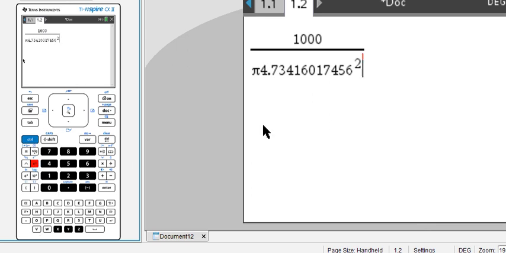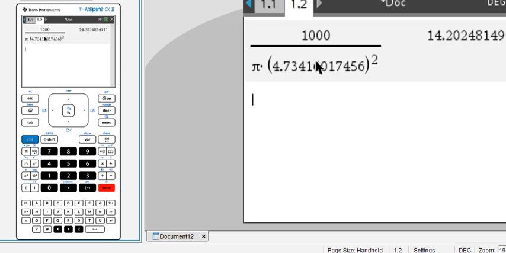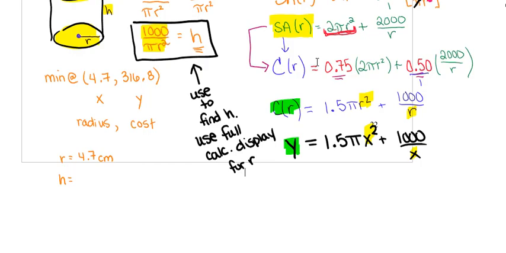If you don't want to do Control paste, then just copy or write all those decimals down. Make sure you plug them into the calculator, but make sure that when you go to find the height, you use the full calculator display on your calculator. So my calculator here is telling me 14.2. And again, if you don't use the full calculator display, your height will be wrong due to early rounding in the problem.